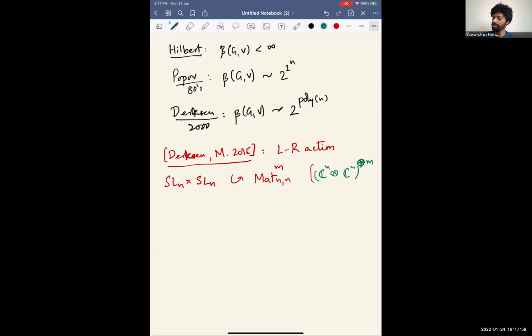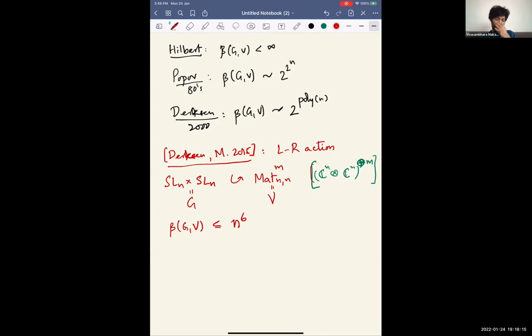So in some sense, the example that I gave you is a generalization of this; this is the baby version of that. So G is this, V is this. In this case, we showed that the degree bound is at most n to the 6.